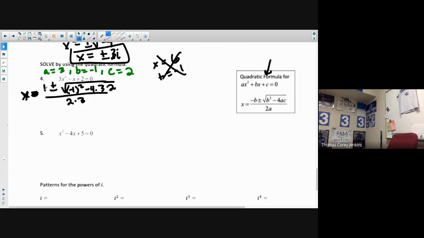Now let's start to simplify. This ends up being 1 minus 24, so negative 23. So we have 1 plus or minus the square root of negative 23 over 6. Then we simplify as much as we can.